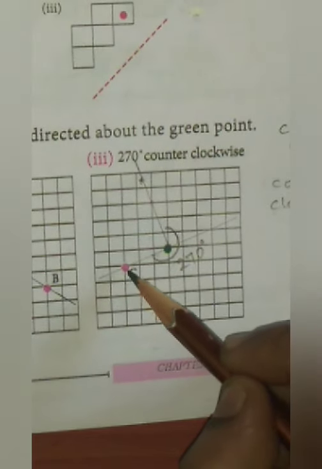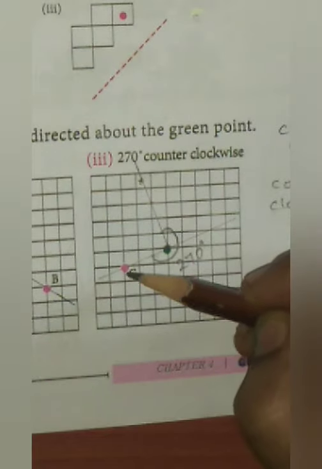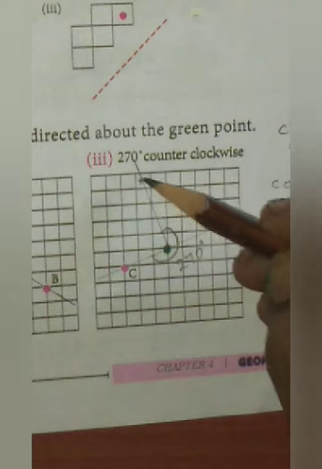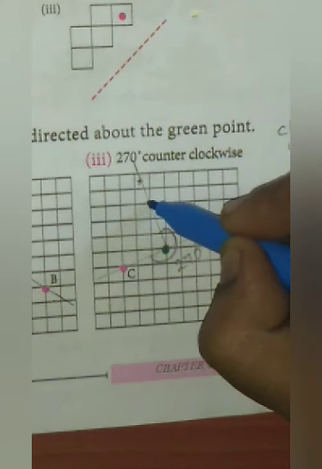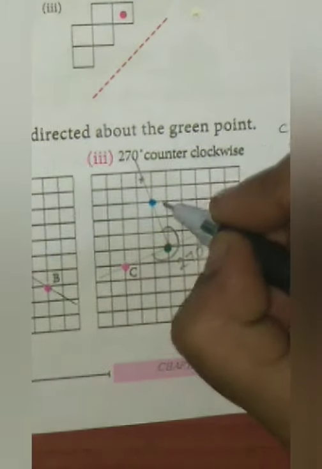After rotating this point by 270 degrees, somewhere here on this line the pre-image C lies. The pre-image C lies here. Let us denote this point as C dash.